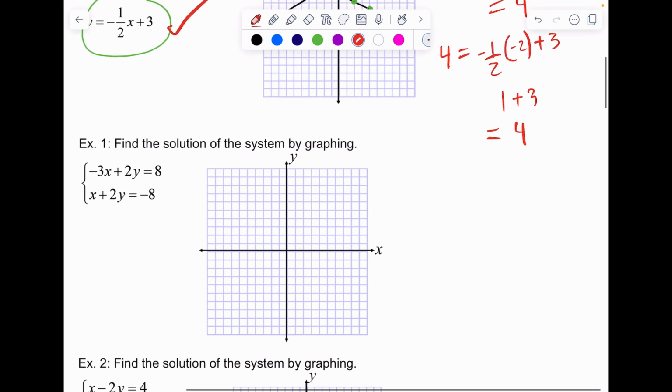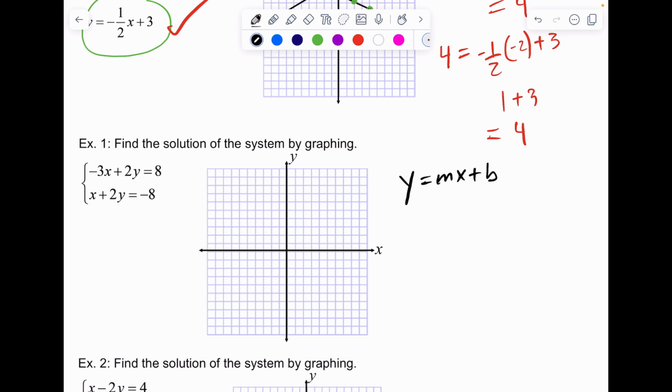Let's solve this system of linear equations by graphing. If you remember, in order to graph any linear equation, you want to first make sure that you have the given equation in slope-intercept form, which is y equals mx plus b.